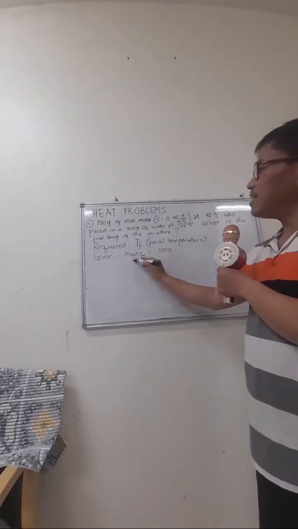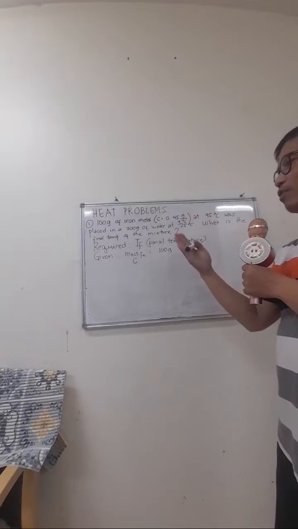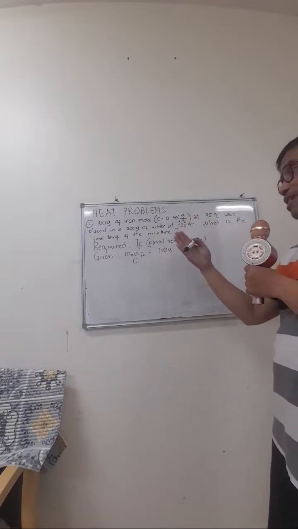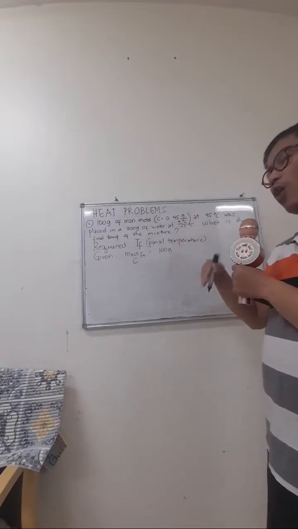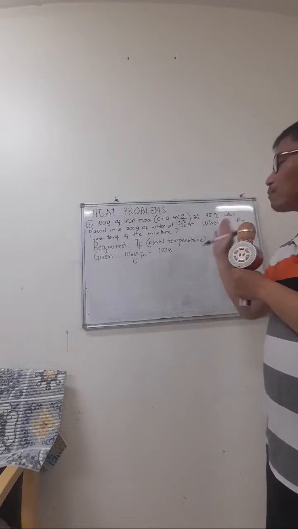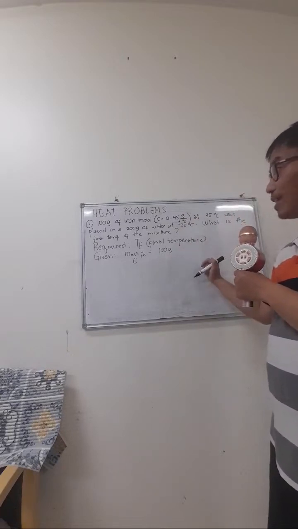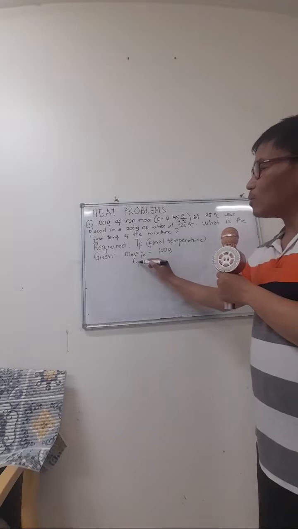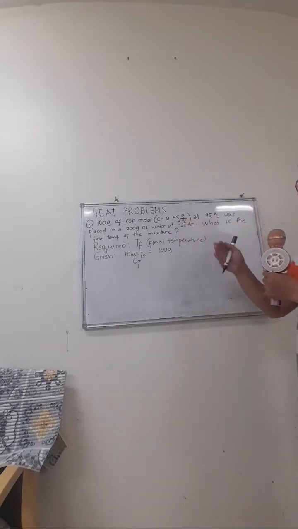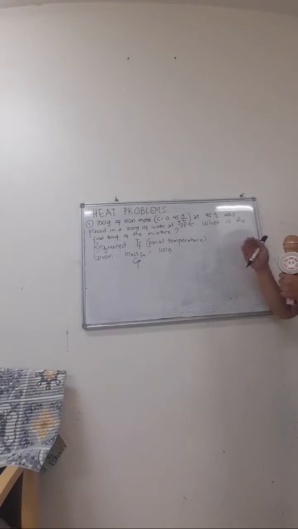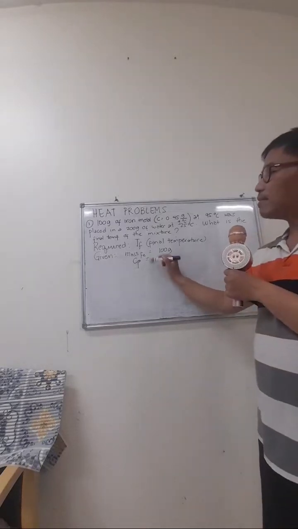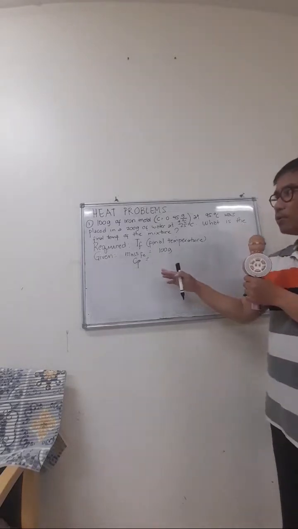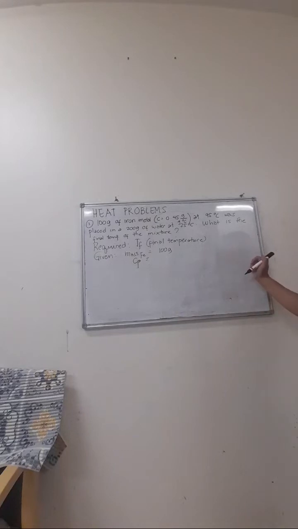Sometimes we denote that also as CP or C. It depends, but how you understand matters the most. Let's just put this as CP because usually we put CP in our equation: Q equals MCP delta T, change of temperature. So CP, this is not computer, not cell phone, but specific heat capacity.